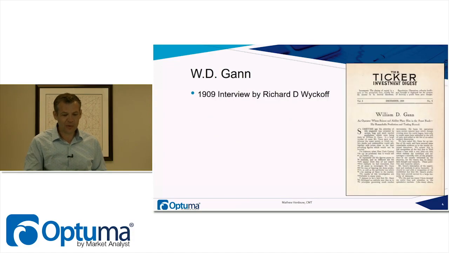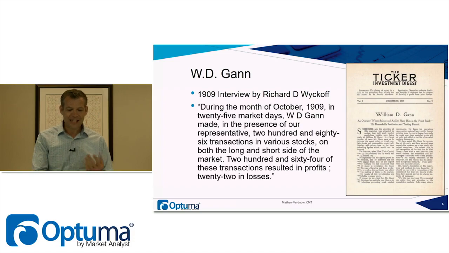All right, so continuing on, there was a 1909 interview done by Richard Wyckoff for the Ticker and Investment Digest. In that interview, this is what Wyckoff said: during the month of October, in 25 trading days, so probably 5 weeks, Gann made in our presence 286 transactions in various stocks, both on the long and short side of the market. 264 of these transactions resulted in profits and 22 in losses.